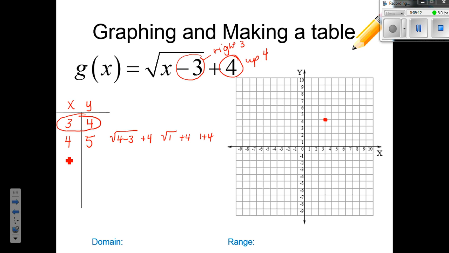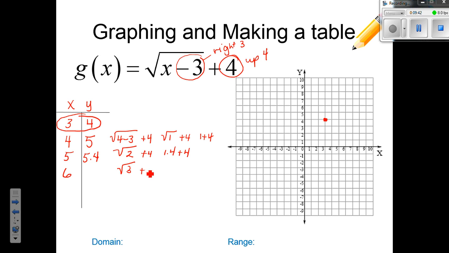Okay, now I'm going to plug a 5 in there. When I do that, 5 minus 3, well, that gives me 2. The square root of 2, remember, is 1.4. And so if I take 1.4 plus 4, I'm going to roughly get 5.4. The next number I'm going to use is 6. 6 minus 3, well, that's 3.